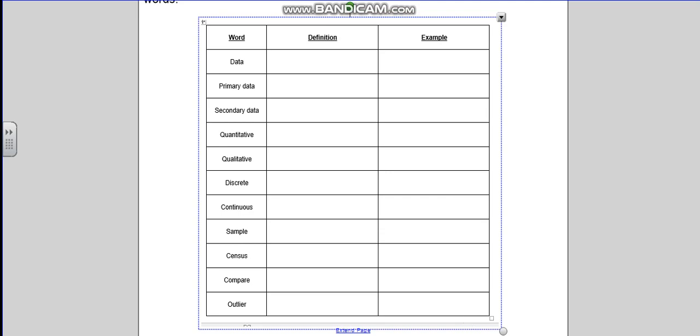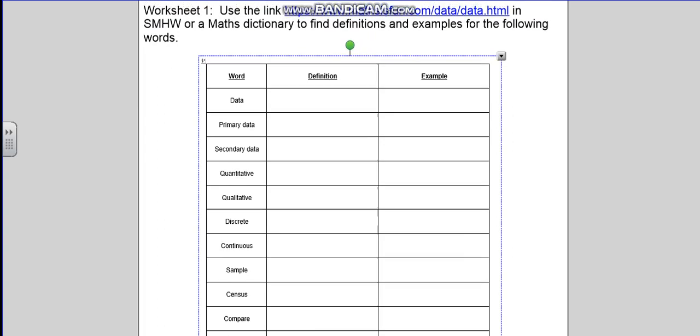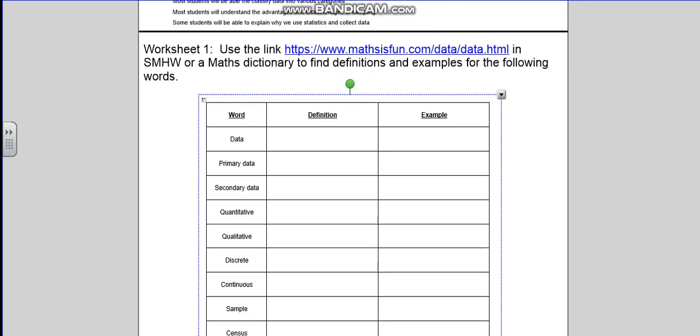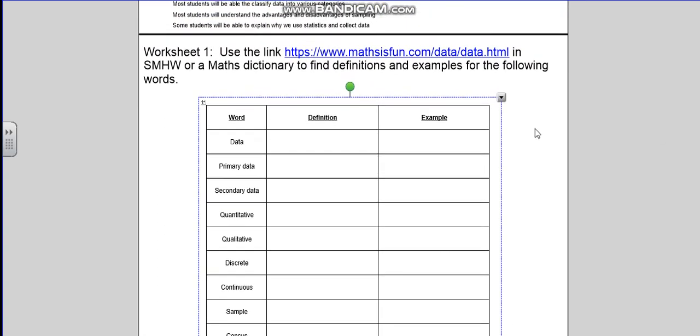Okay, so that's task 1, and in Show My Homework, in the links section, you will find this link to Maths is Fun. So you can either use that link or you can find a maths dictionary online, or a normal dictionary would be fine, and see how many of these definitions you can find and fill in that table.